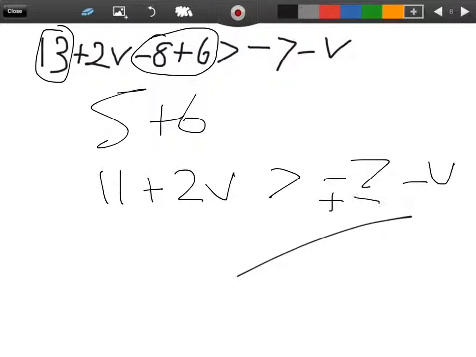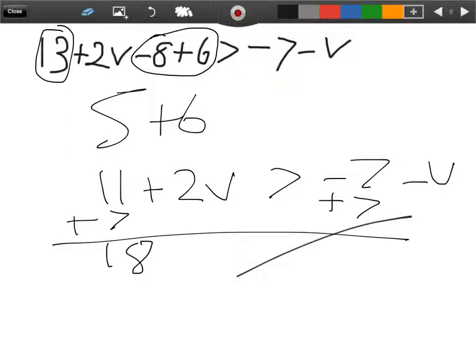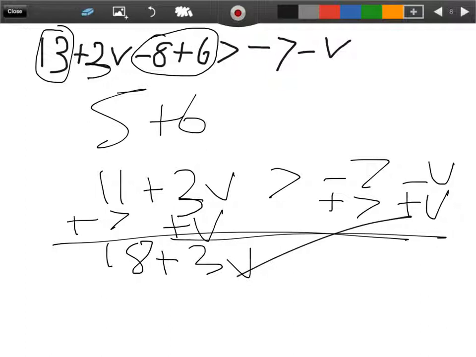You plus 7 is 18. And then you plus v. So this is now 3v plus 18 plus 11. So 11 plus 3v is bigger than -7.